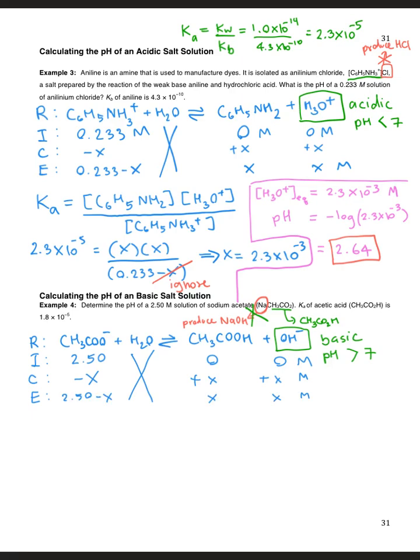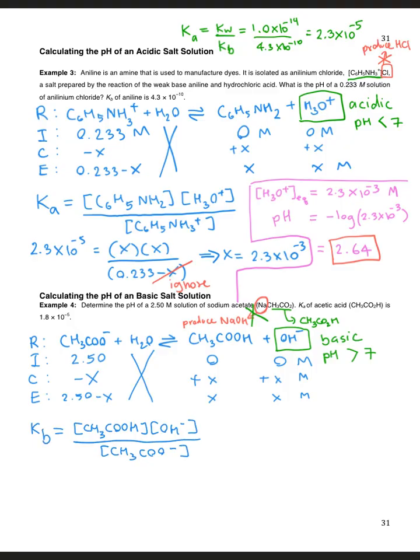Next, write out the equilibrium constant expression for this reaction. Because this reaction produces hydroxide ions, which is the identity of a base, the equilibrium constant for this reaction must be Kb.